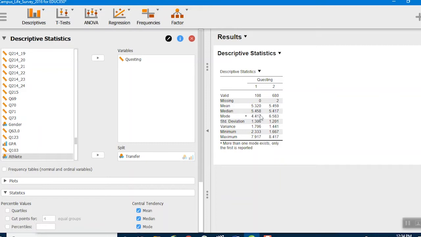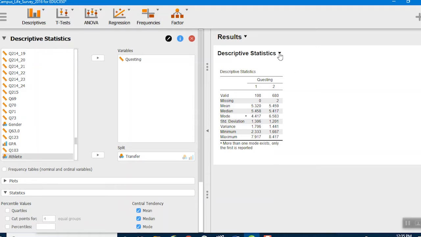And then the mode, which again is the most frequently occurring, you'll see is certainly much higher for the non-transfers than it is for the transfer students. On the variability, there's more variability here for the transfer students compared to the non-transfer students. And this down here is just giving us our minimum and maximum results.